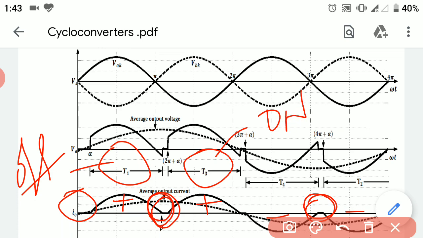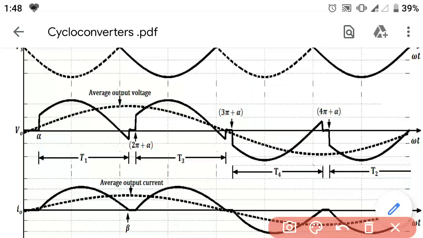If these two thyristors do not get properly turned off or turned on at their respective instants, then there will be a discontinuity in the output current. Now we will see how this discontinuity of current actually occurs. We will start with the output voltage waveform.